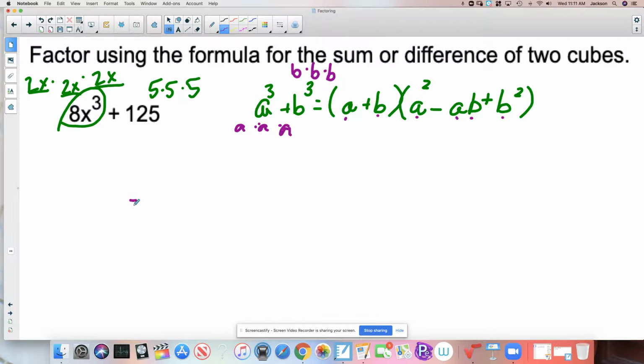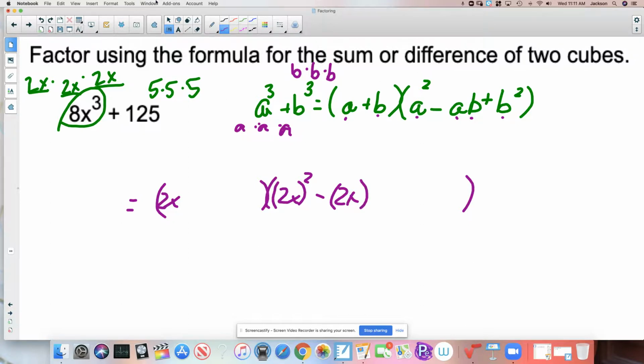So this is really, okay, we're going to have our binomial, and then we're going to have our trinomial. We've got 2x goes here, right? Then we've got 2x goes here. Now this one's a little weird because that 2x is being squared. Got to be careful with that. And then we have another spot for the 2x that we're going to put here.